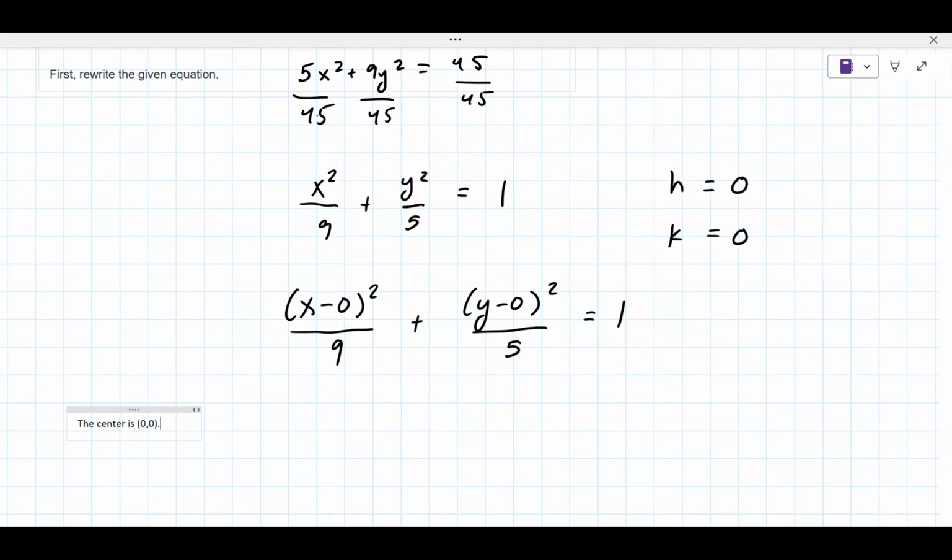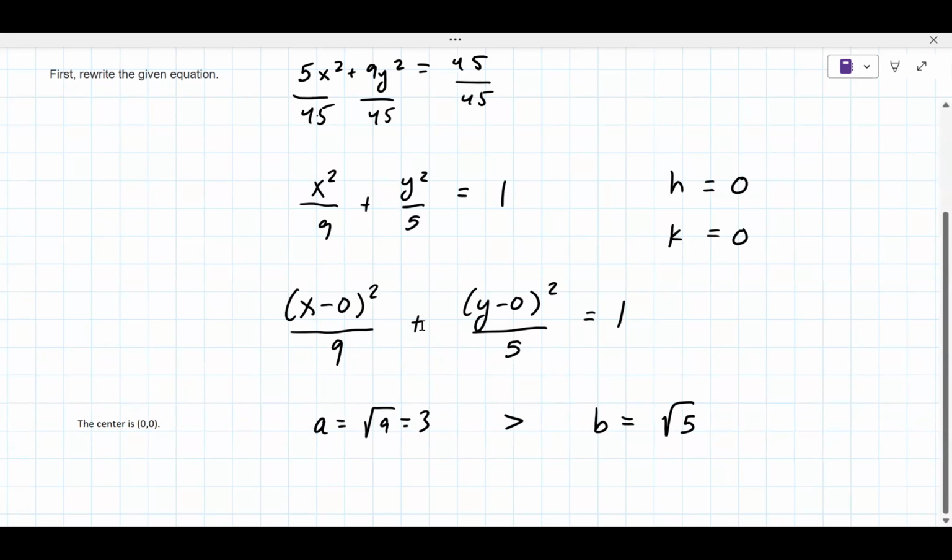Now the vertices come from knowing the conic sections formulas that we've talked about. So in this problem, since the larger value a, in this case the square root of 9, which is 3, is greater than b, which is the square root of 5, this is a horizontal major axis.